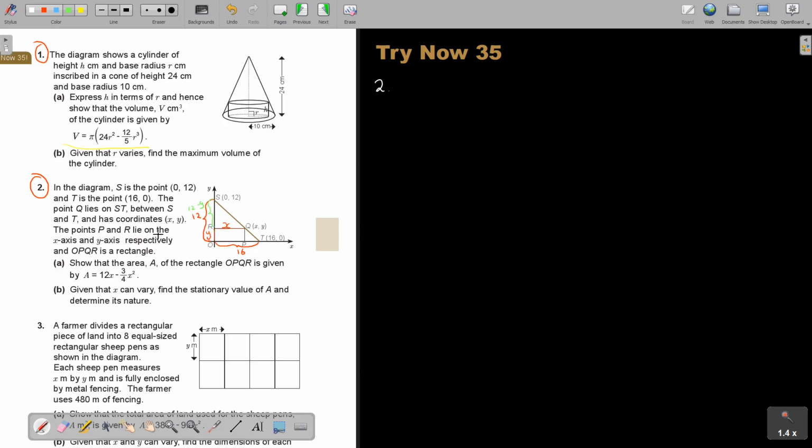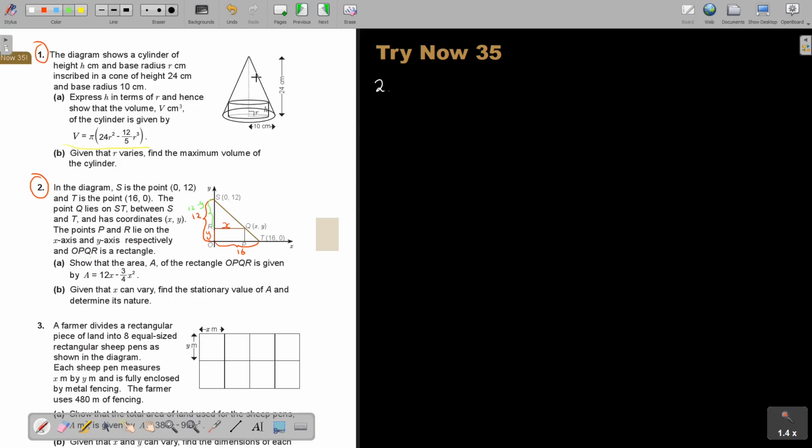The points are on the X and Y axes respectively, and OPQR is a rectangle. Then show that the area of the rectangle is given by this.